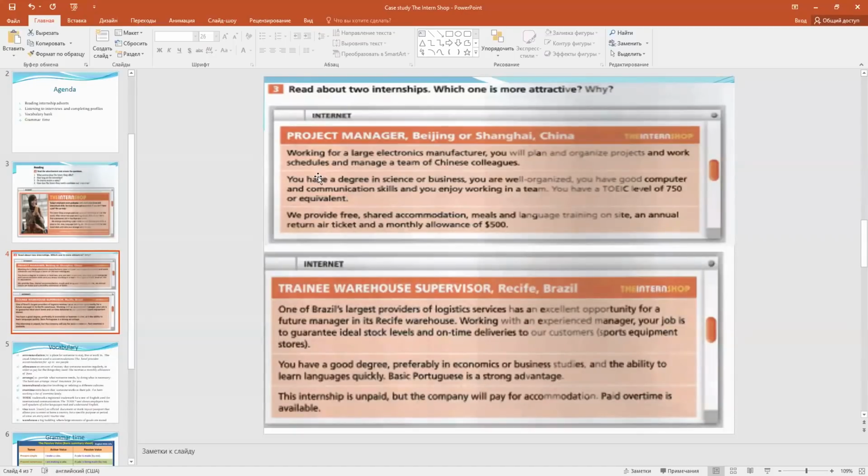Well, as for me, I would give my preference to the first one, being a project manager in Beijing or Shanghai, because first of all, it's a great chance to develop my skills, and it's also profitable, which I think is a must-have in an internship.